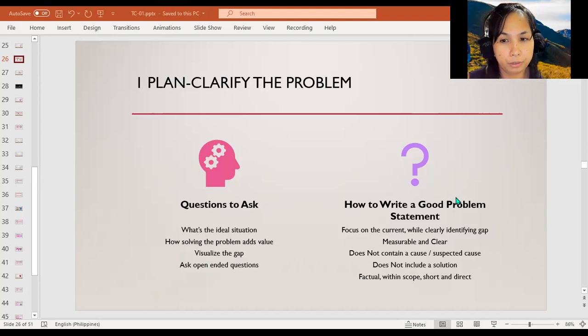Then we understand how solving the problem adds value to the customer and the company. Some refer to this as identifying the burning platform. Next we must also visualize the gap between the current state and the ideal using things like pictures and visualizations like charts, graphs, and so on.